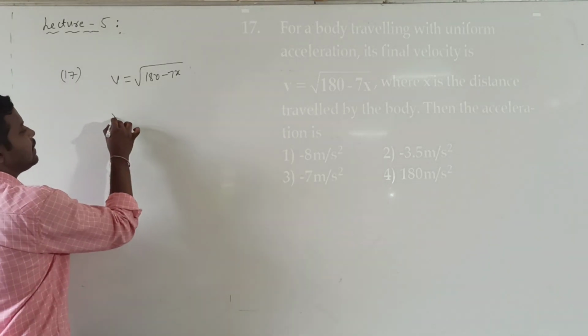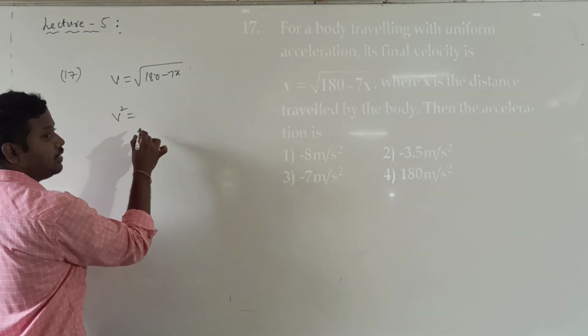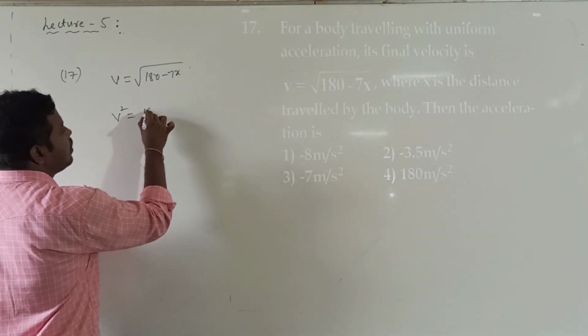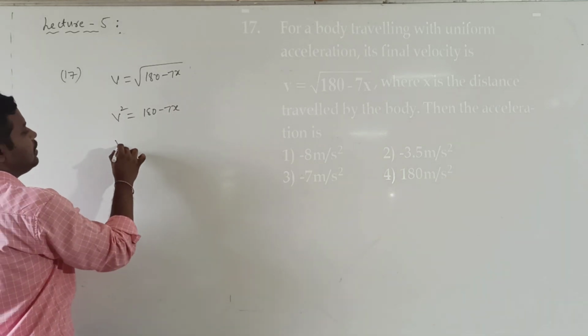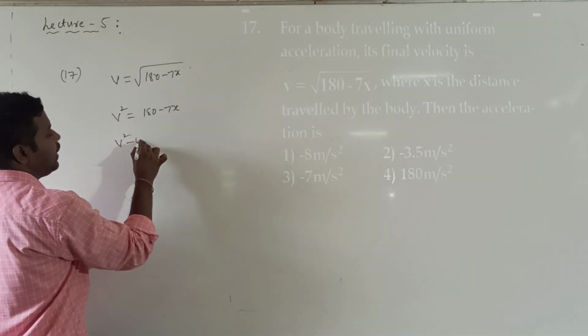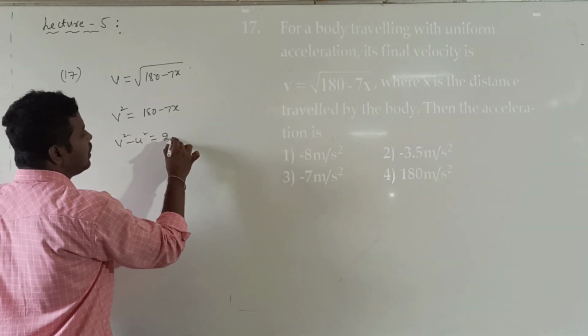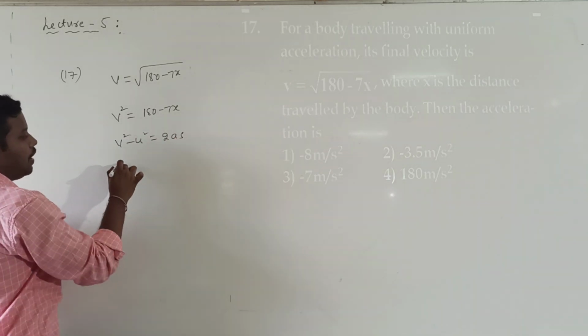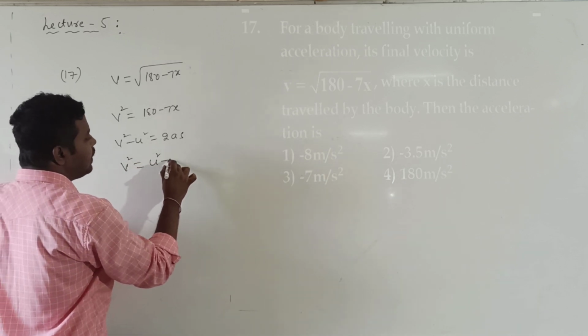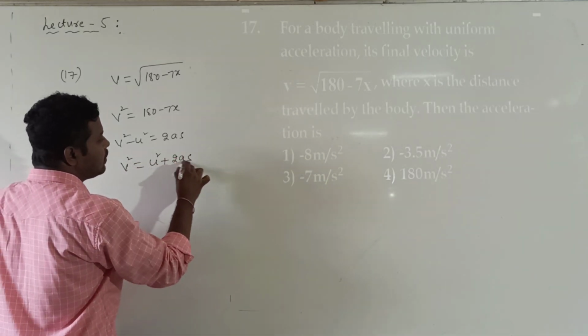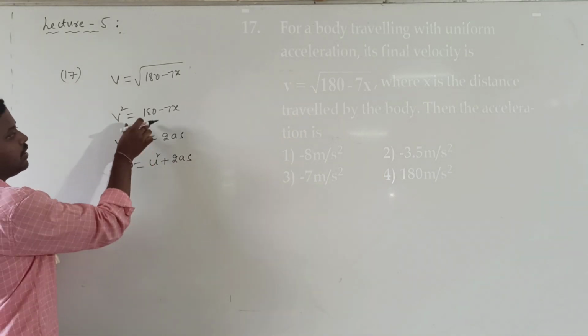So to calculate the acceleration, can I square it on both sides? Then v square is equal to 180 minus 7 into x. Actually, what is the general third equation of motion? v square minus u square is equal to 2as. From this, v square is equal to u square plus 2 into a into s. Can I compare this equation with the given equation?